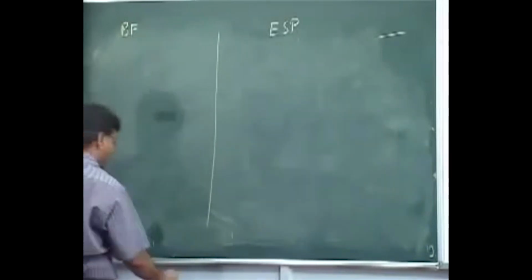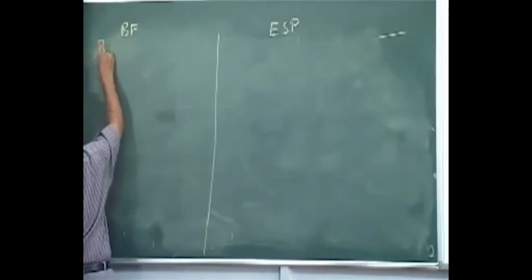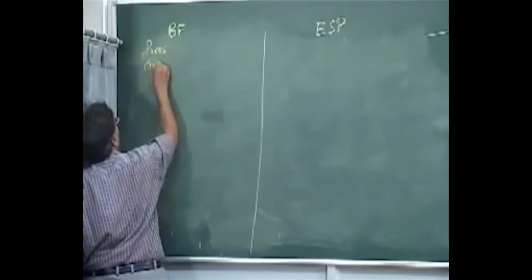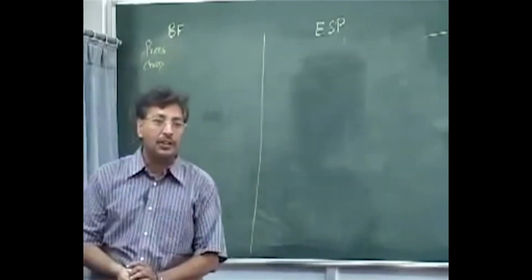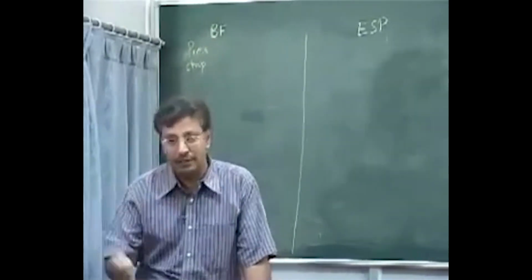Let's talk about the most important thing which we always talk about, the pressure drop. Now somebody tell me, where is the more pressure drop, in the bag filters or in the ESPs? Bag filters, okay, high.